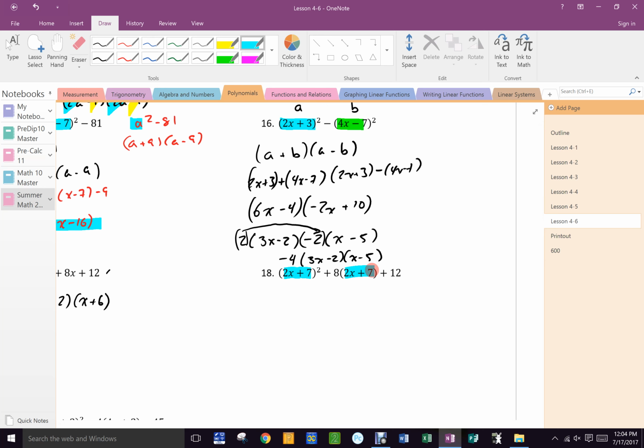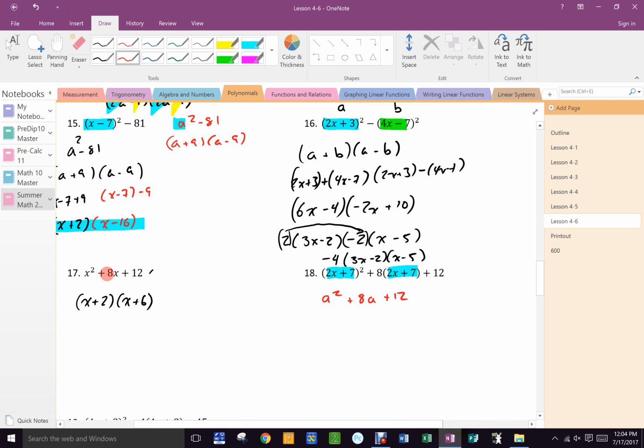I can simplify it by making those, since they're the same binomial, the same single letter. So if I write a squared plus 8a plus 12, isn't that what we just factored right here? So it would be a plus 2 and a plus 6, wouldn't it? But a is 2x plus 7, correct?